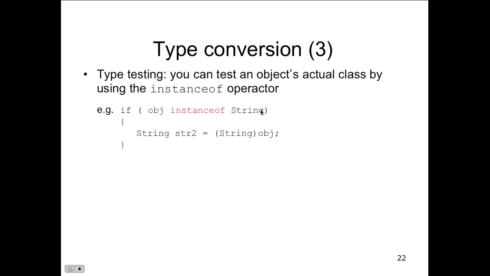If an object is an instance of a string, then it's cast to a string. What we're looking at here, in red, is this instanceof operator. So you can test the object's actual class by using the instanceof operator. You're going to need this in assignment number 2 as well. You say, if you're an instance of this, then treat you like this. It's a safe way of doing a typecast.